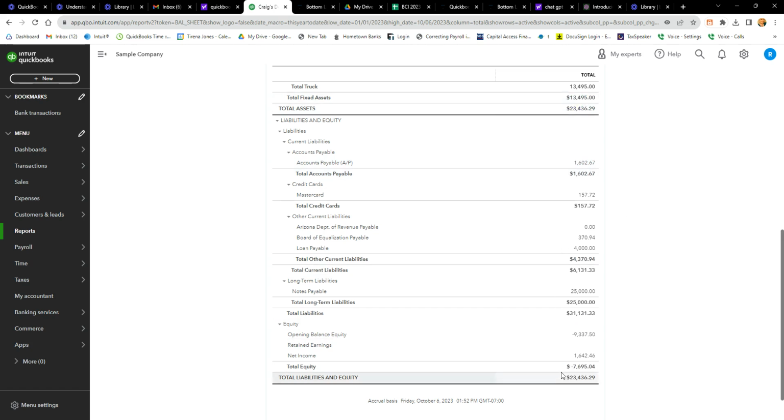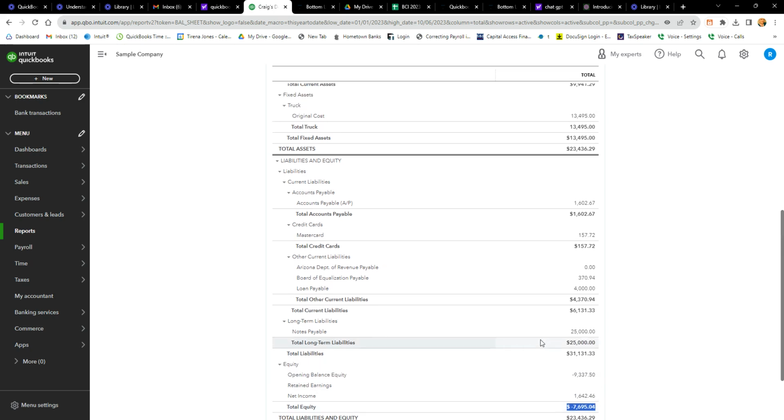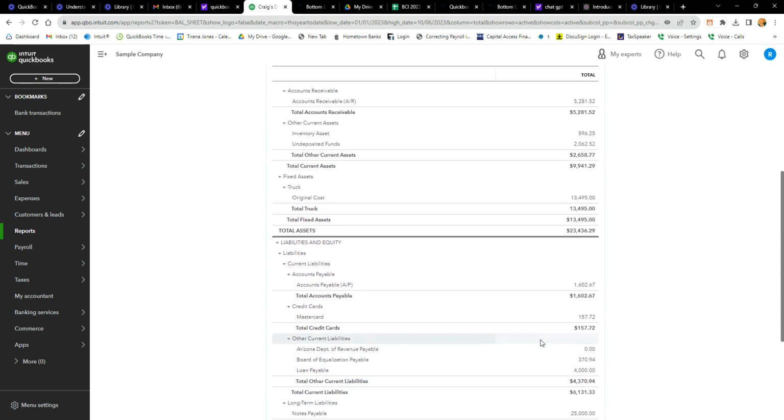So the balance sheet tells you really where you're at in terms of how much you owe and how much you own. And it's a really important number to look at, this equity number down here, because this is where you will start to feel a cash crunch. This is where you can look and see your performance at a certain point in time. So that's why I believe that the balance sheet is actually one of the most important tools and reports that you should look at.